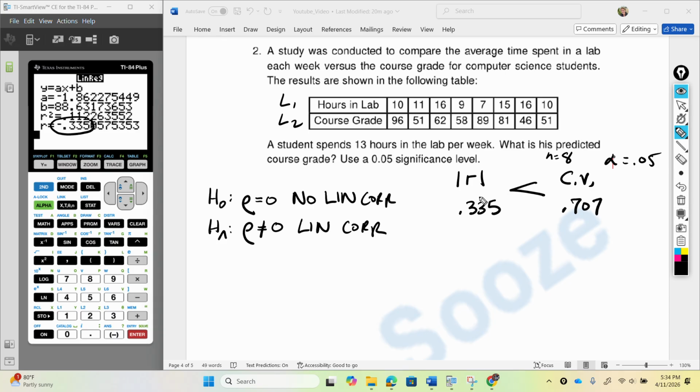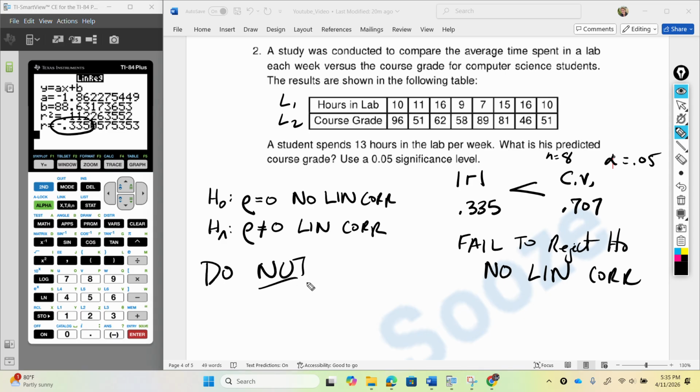And the test was, if the absolute value of your correlation coefficient was smaller than the critical value, you fail to reject. You do not reject the null hypothesis. And the conclusion is that there's no linear correlation. So to make a prediction, we do not use the regression formula.